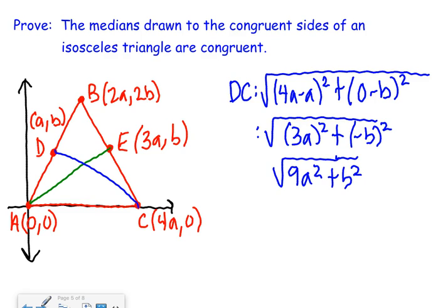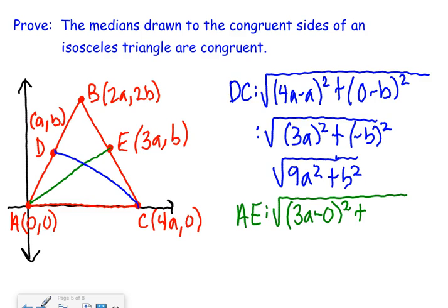Okay, now let's try it for AE. So I'm going to have 3A minus 0 squared, right? And then B minus 0 squared.